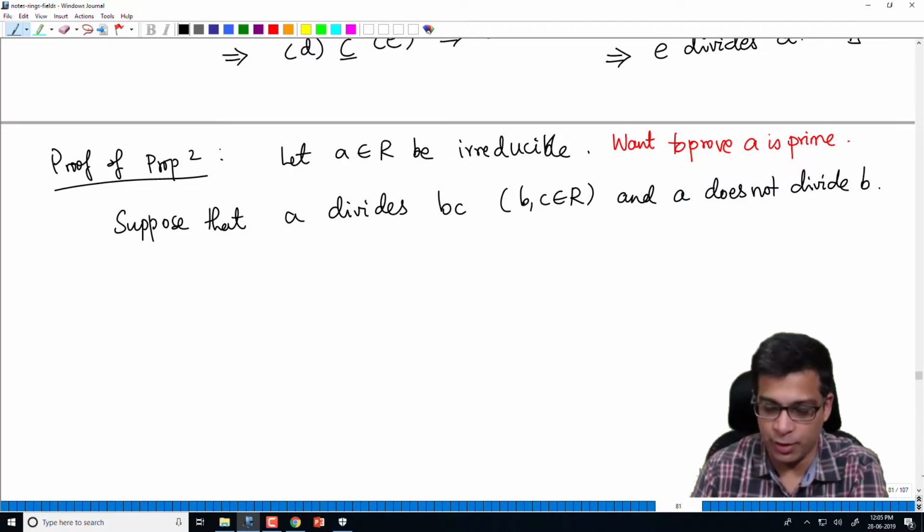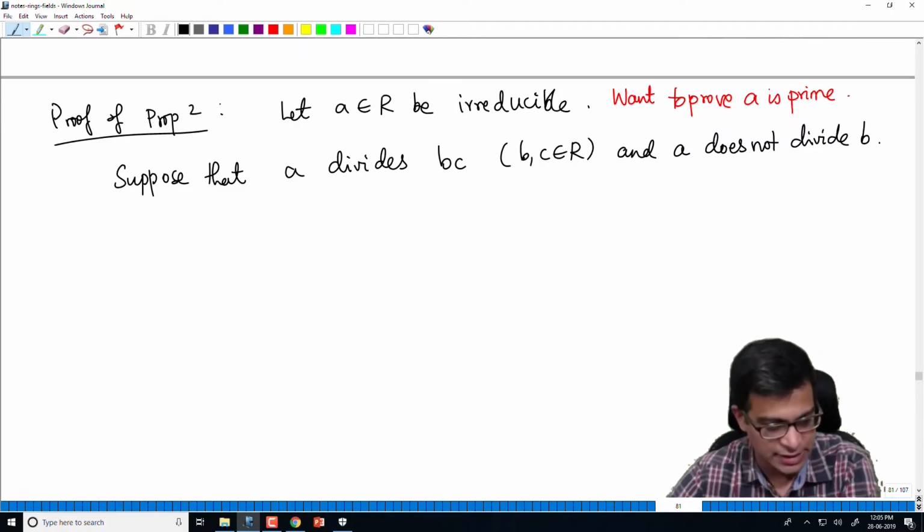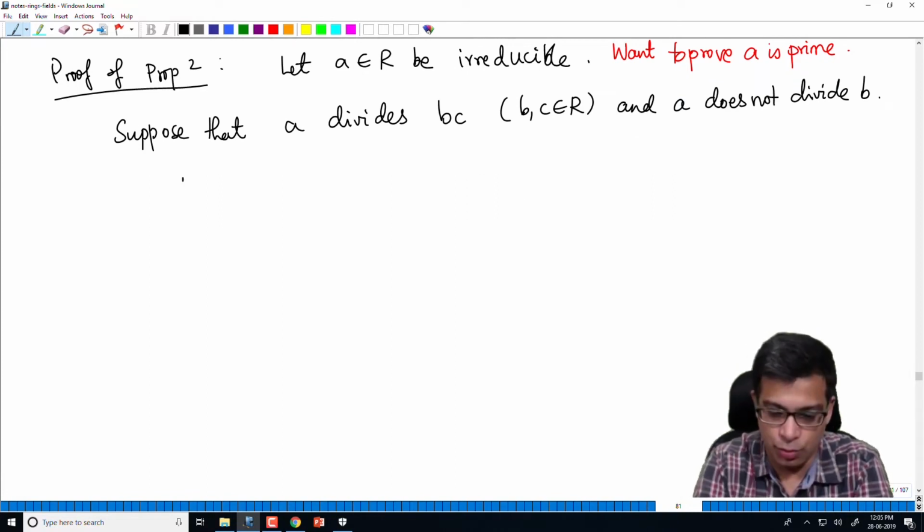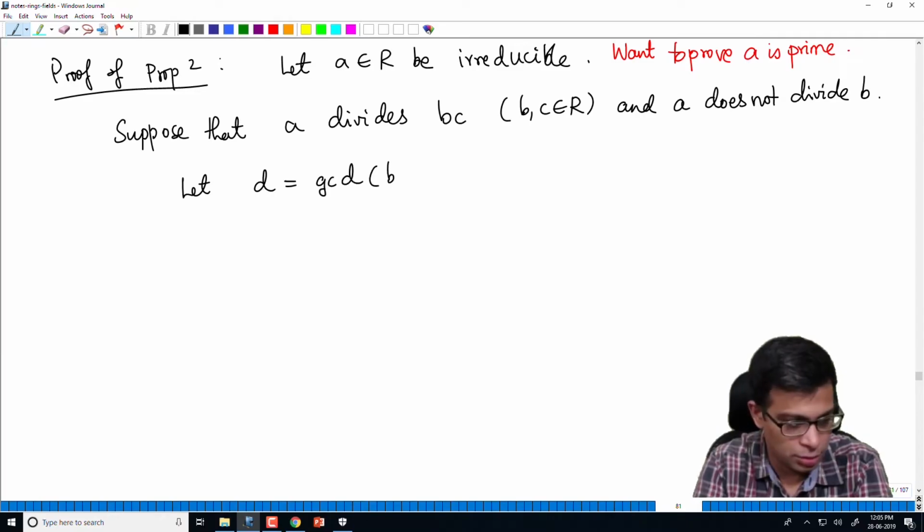Suppose it does not divide B, we are going to show that A divides C. Now note that by proposition 1, there is a GCD of A and B.